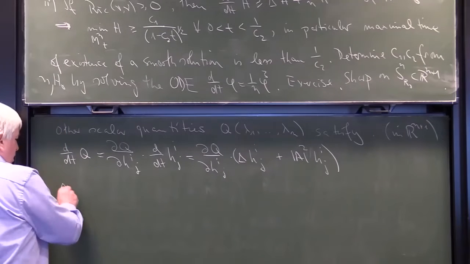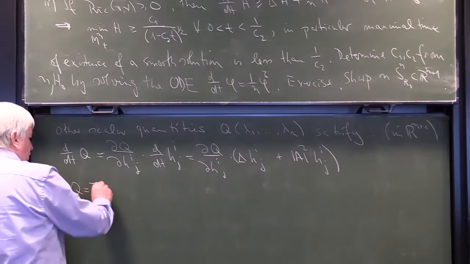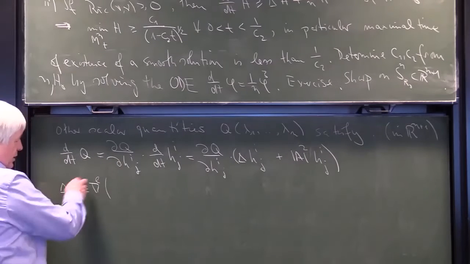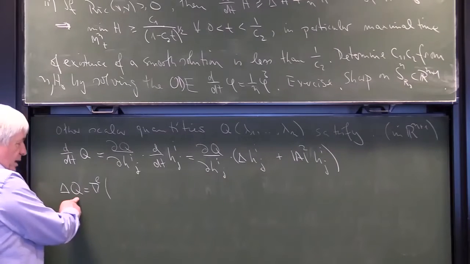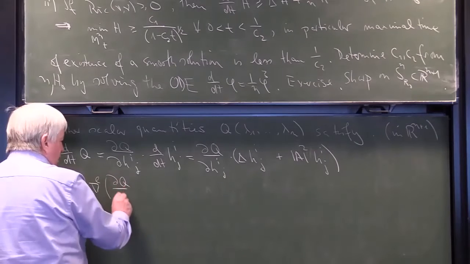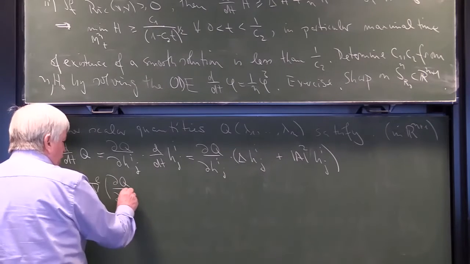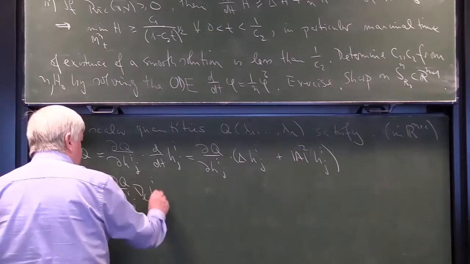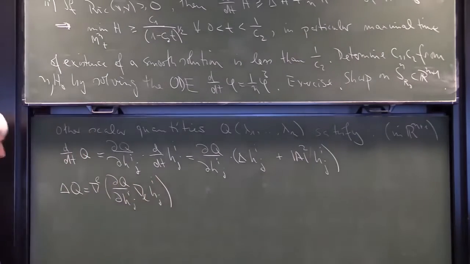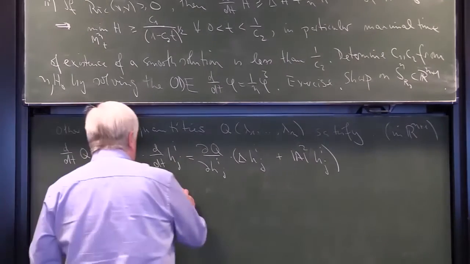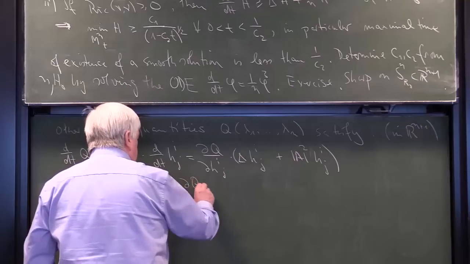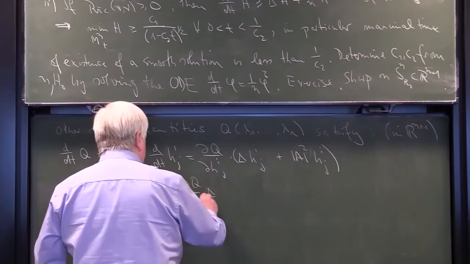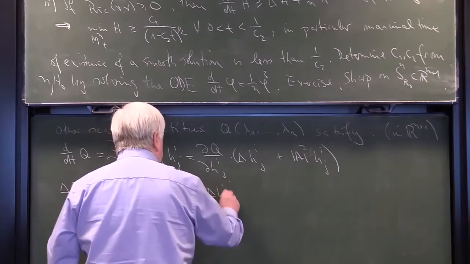So the Laplacian of Q is, of course, gradient L of the derivative of Q with respect to L, which is dQ/dHij by the chain rule again, times gradient L Hij. And this gives the term we already know, dQ/dHij times the Laplacian of Hij.